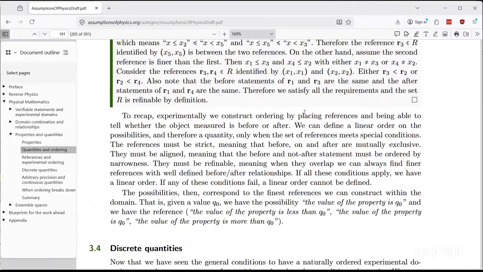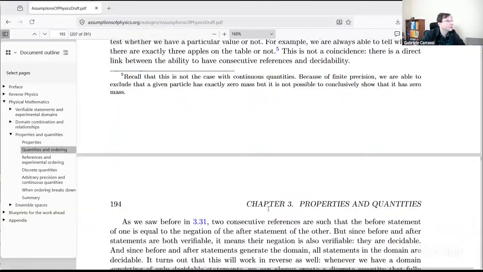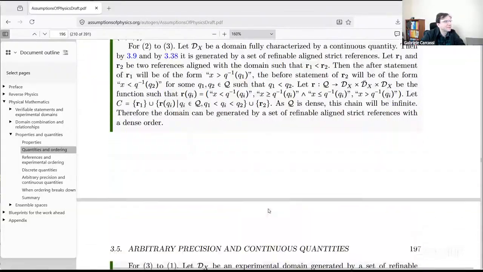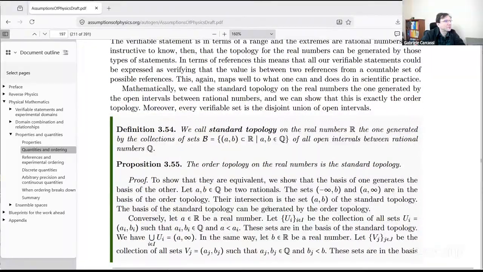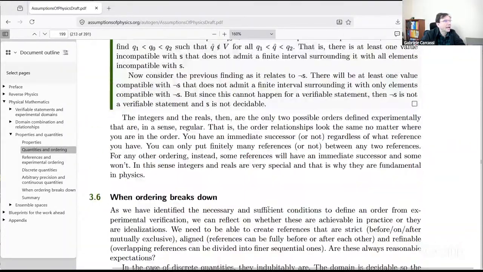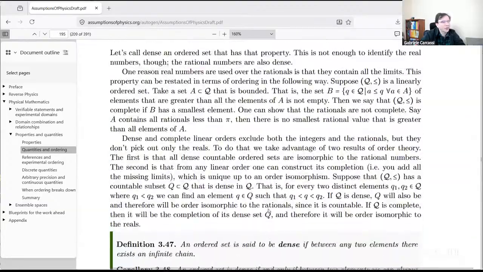Yeah. And next, I don't think we're going to be able to do this today. We should probably stop. So next, it's basically finding when this ordering corresponds to discrete quantities or continuous quantities. And those two things are a lot easier.